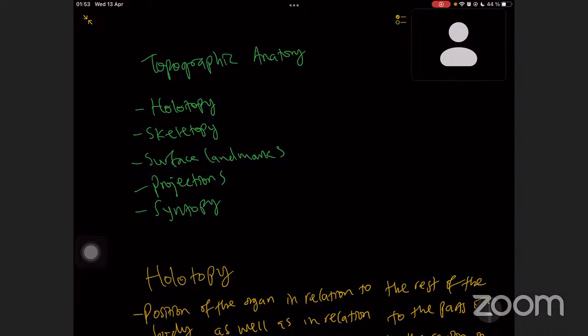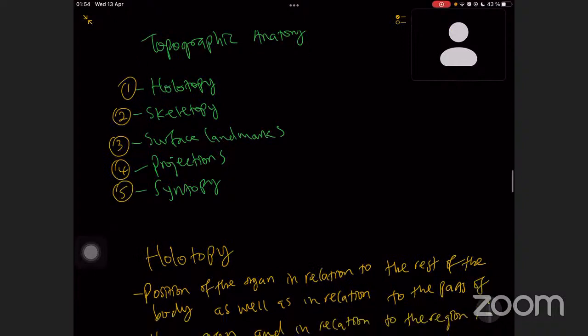So in describing the anatomic structures, we are defining the position in relation to the rest of the body. And we use certain terminologies. We have Holotopy, and then we are also going to look at Skeletopy. We also have surface landmarks, projections, as well as Syntopy. So these are the different terminologies that allow us to describe the topography of an organ.